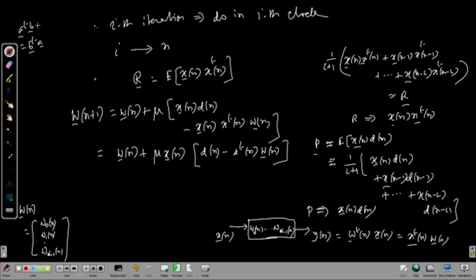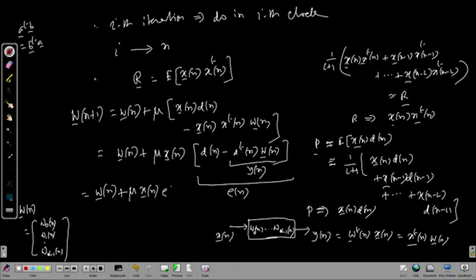A 1 B 1 plus A 2 B 2 plus A 3 B 3 like that, or B 1 A 1 plus B 2 A 2 plus. So, that is what I have here. So, this is y n, and d n minus y n is the error E n. That is the equation which I will expand in the next class.